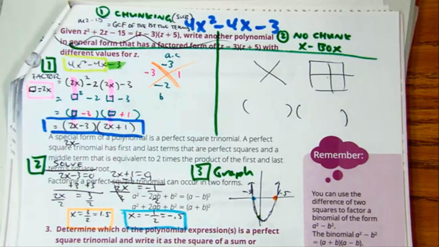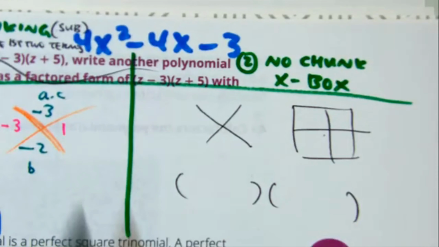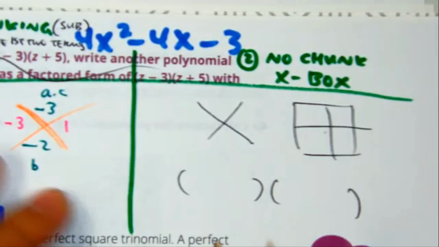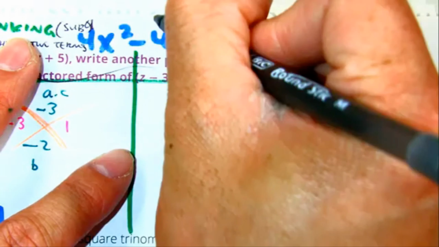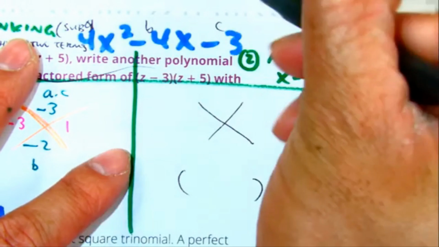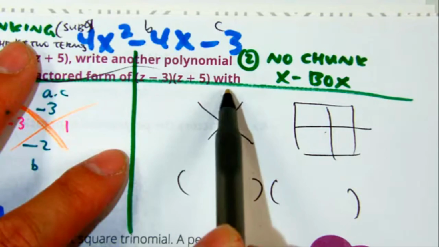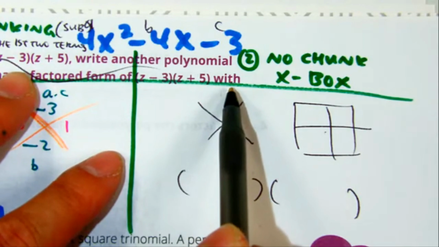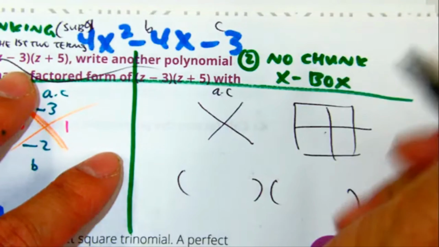Alright, Leslie P. If I looked at this, what is your A value? B value? Positive or negative? And C value. What two letters go on the top there, Leslie P? 4 and... So A times C, and what is 4 times negative 3?